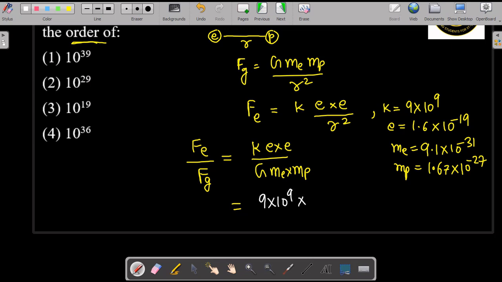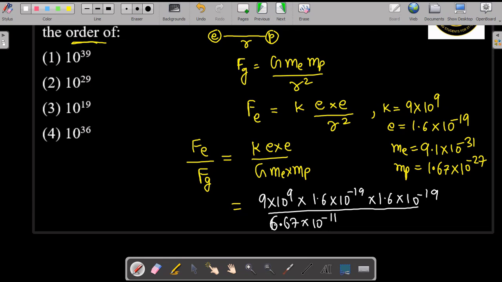This is 1.6 into 10 power minus 19, this is 1.6 into 10 power minus 19, divided by G value 6.67 into 10 raised to power minus 11, mass of electron 9.1 into 10 power minus 31, and 1.67 into 10 raised to power minus 27.